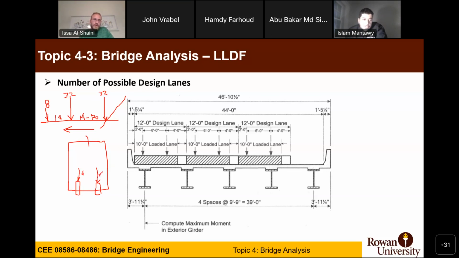Assuming this is your load P, which is total, the total load is 8 plus 32 plus 32, which gives you 72 kips. So how much in this direction will be this load here and this load here, in terms of P? Should be P over 6 if it's 6 wheels.